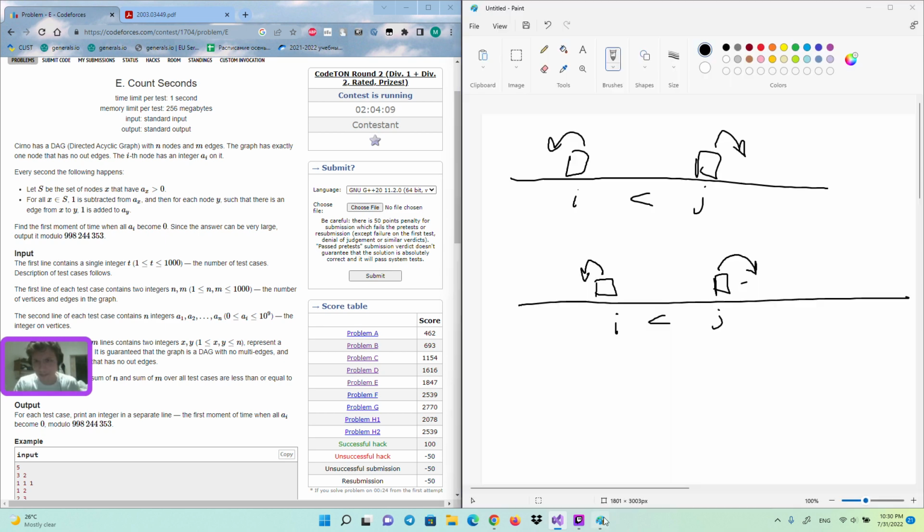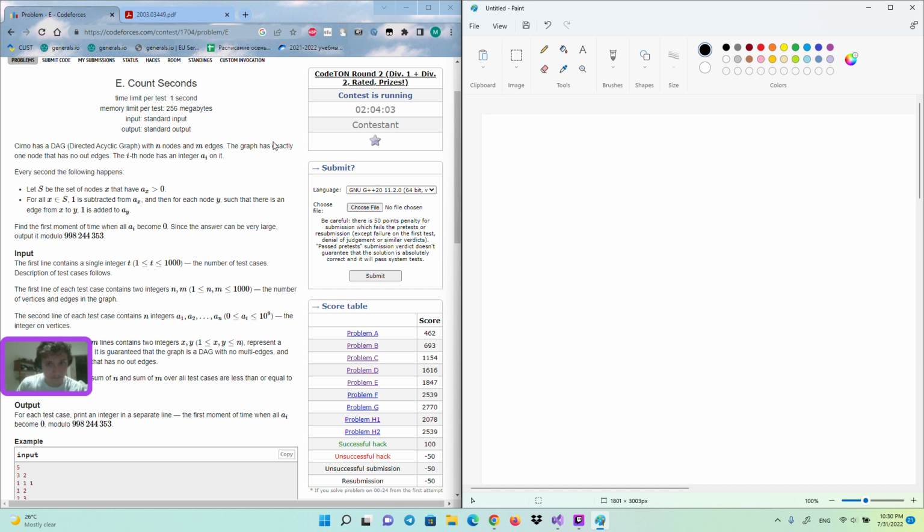So what's happening? Let's consider this. We have a DAG, and what we want to know is the moment when it stops, which is the moment when the last node becomes 0.